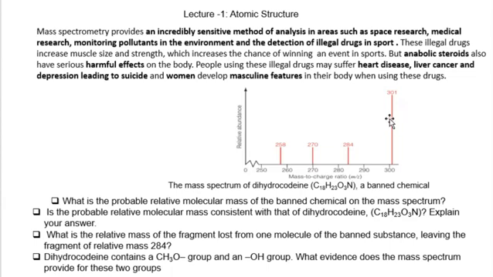If we take 31 away from 301, it comes out to be 270. So we have a peak at 270. That is the evidence that this banned chemical has a CH3O group and also a hydroxyl group. That was the question I kept for you, and I suppose we now have the solution.